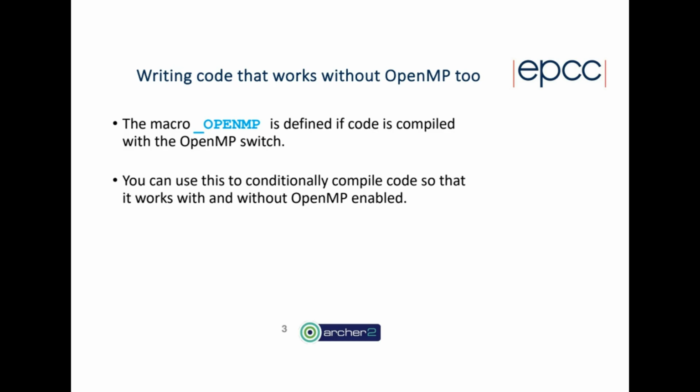So you need something a little bit more, and one solution is conditional compilation. The convenient way to do that is to use the macro _OPENMP, which is part of the specification. That will be defined if the code was compiled with the OpenMP switch on.